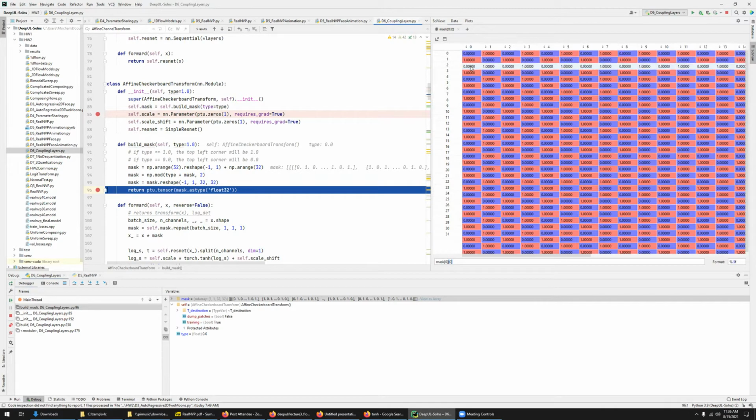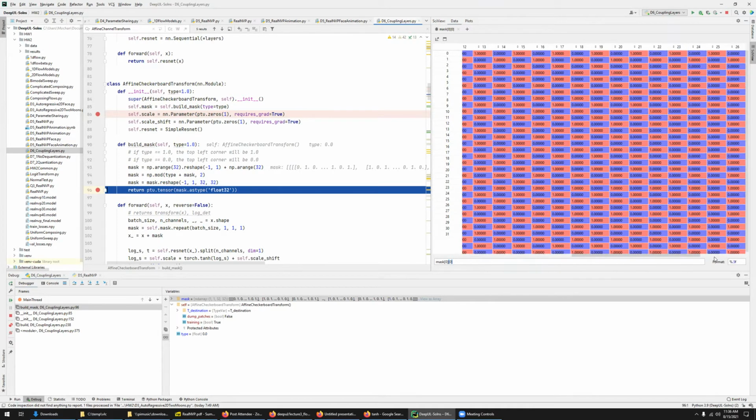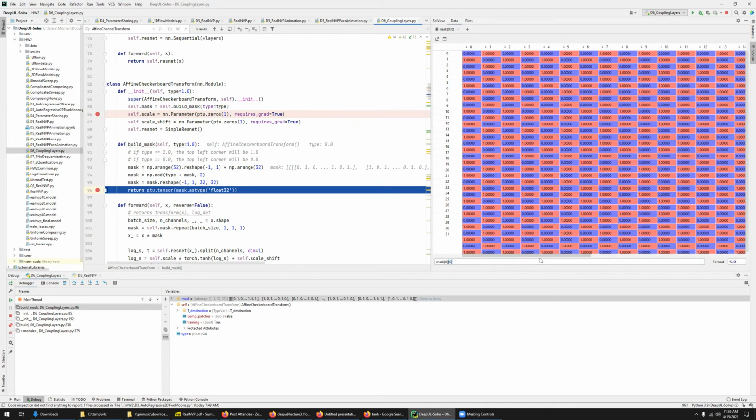So the first affine will take this one, and then it will do a checkerboard pattern of which x values to which x and y values. It's because the images are 32 by 32, and then it takes a checkerboard pattern.